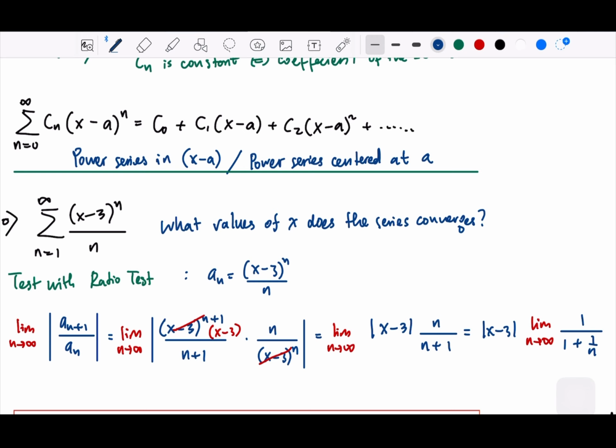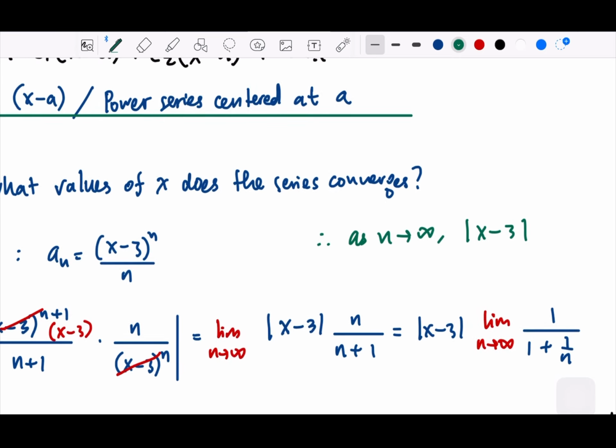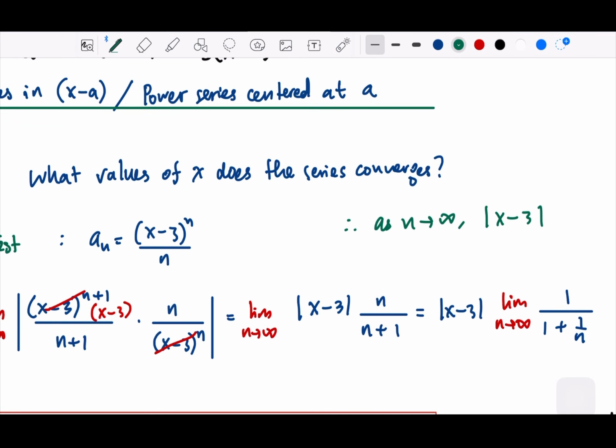So we can make the conclusion that as n gets larger, the ratio is getting to x minus 3. So we know that from this ratio test.